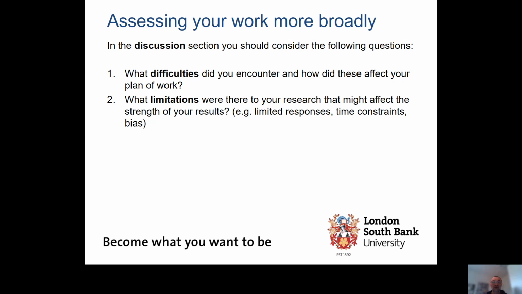Perhaps in your original research plan, you were expecting to get participation from 8 or 9 or 10 participants, and when it came down to it, you only got the participation of 3 or 4 or 5 participants. So what does that mean in terms of your research? How has that limited your research? What impact has that had on the strength of your results?